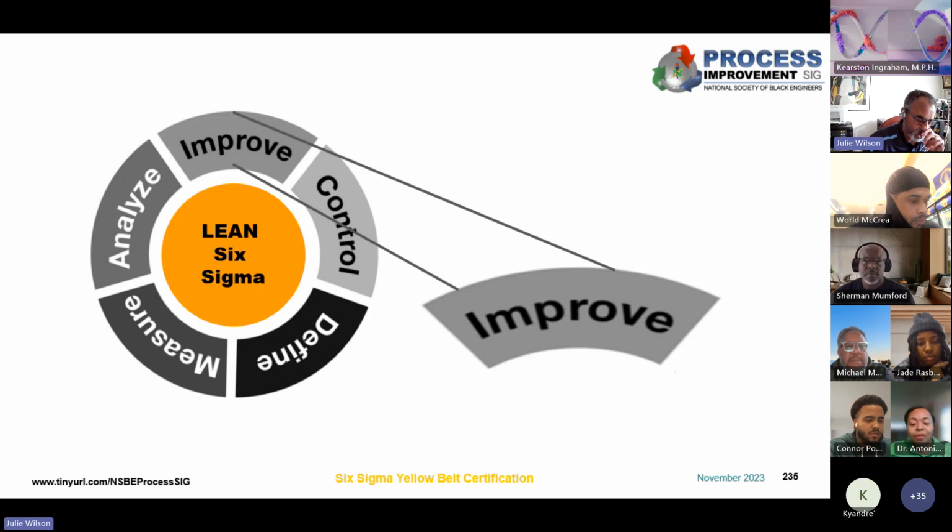We can use it to prove a number of different things, but hopefully, between the cause and effect matrix, hypothesis testing, and other things, we're able to now take this extensive list of X's and narrow it down to a few X's that will be taken on into the improve phase.